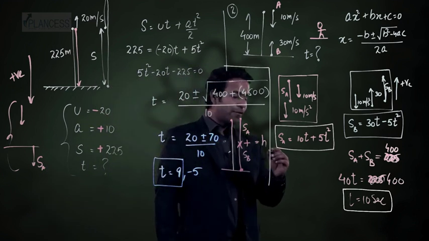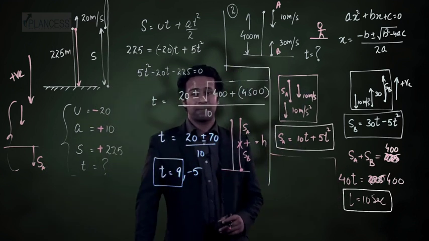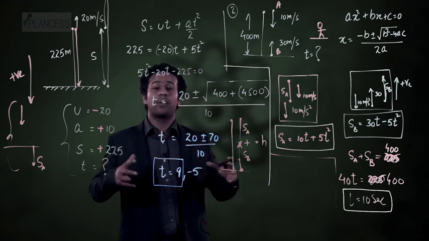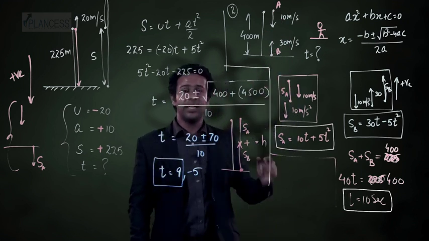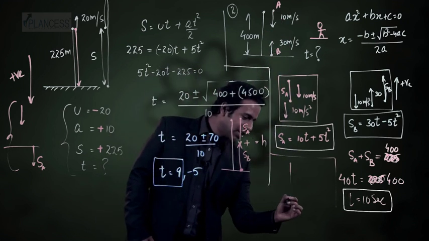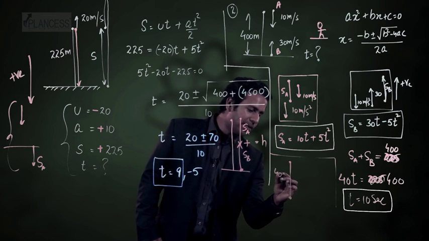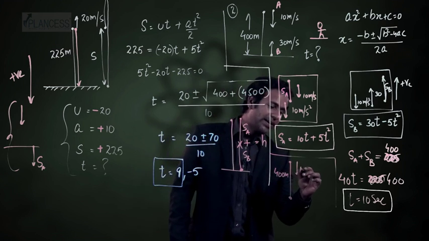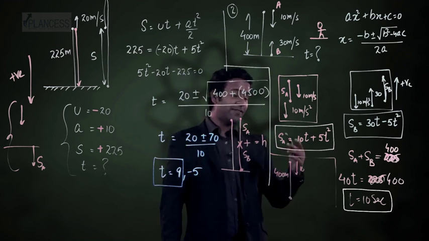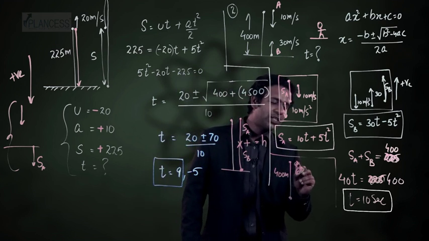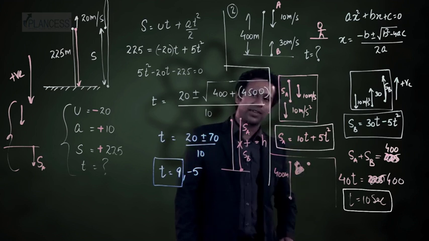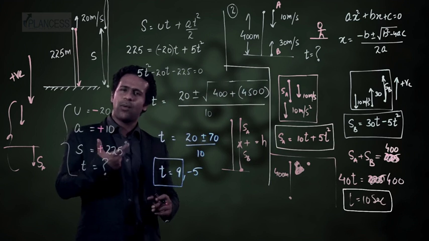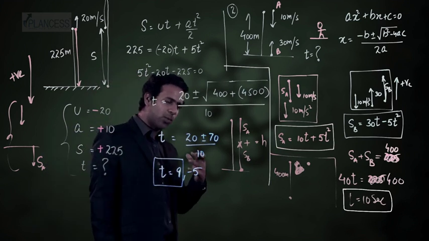So, from such an observation where we are observing the entire event from an observer who moves with either A or B, we would say that the distance between these two is 400 meters. We would say that A moves downwards with 10, or rather, if A is recording this event, he would say that I am at rest. So I'm just making a passing mention of these things without going into details. I want you to think about it yourself and convince yourself.